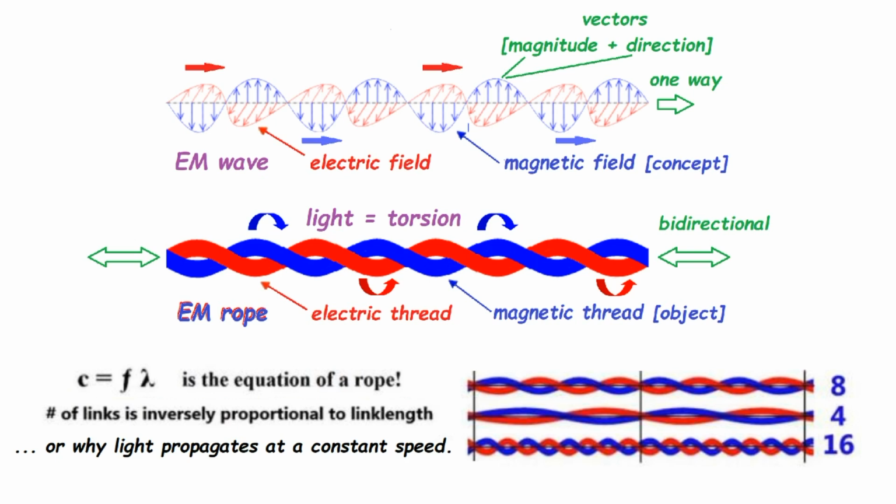And the only entity imaginable that can simulate this is a rope. Okay? As you can see on the right, if you torque a rope more and more, you will get more links, and each link will be shorter. And if you untorque it, you get the reverse.